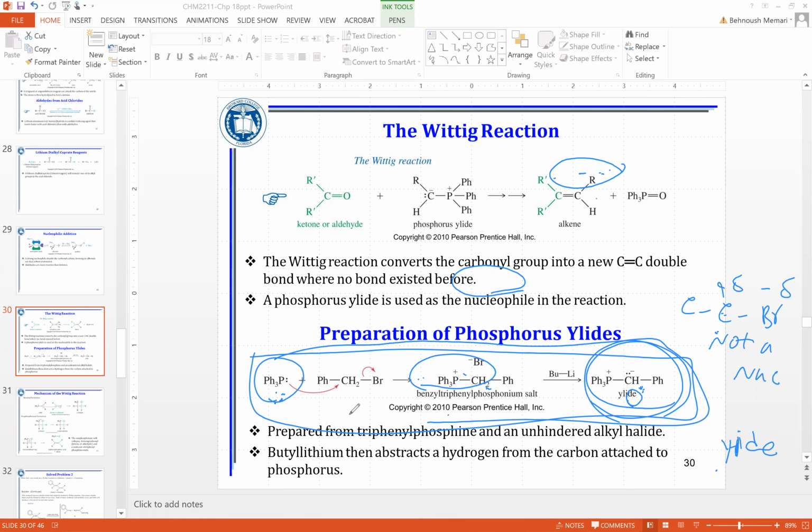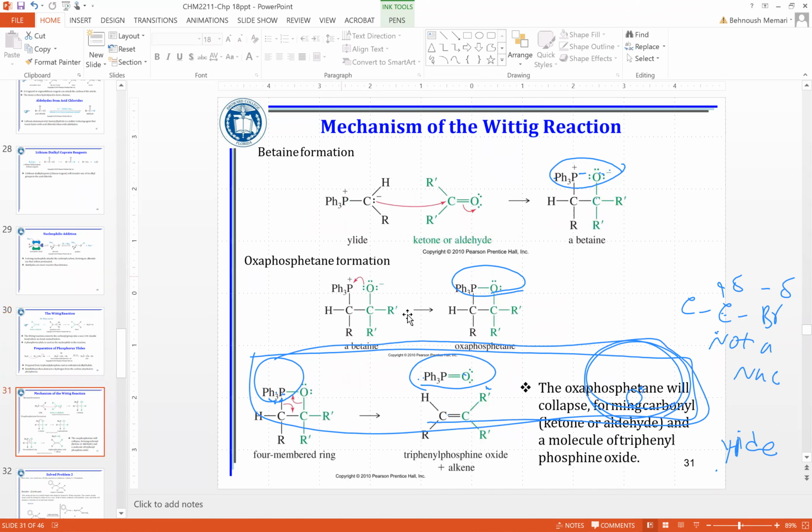How to go from alkyl halide to ylide, you need to know the steps. I'm not saying don't worry about all the steps, just that you need to know some of them. But this part you don't have to memorize, even though when you get the formation of the nucleophile with the carbon, the pi bond is going to break over the oxygen.